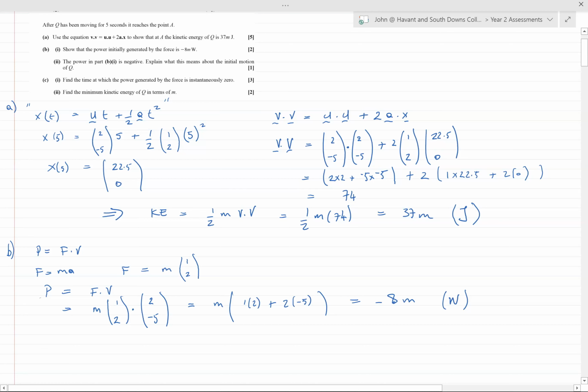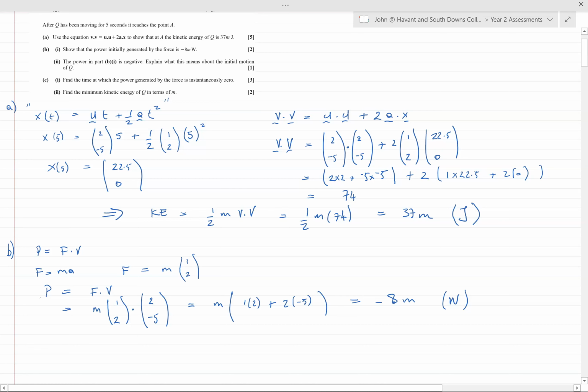Certain scalars can have negative signs, things like potential energy, power, because it's taking energy away from a system. Some can't, for example, mass. But yes, this is a scalar that can have a negative quantity.